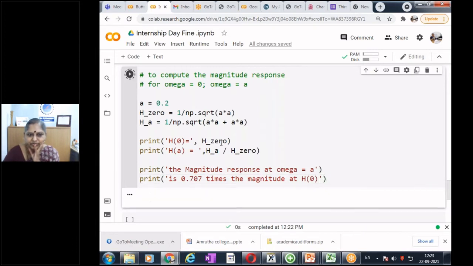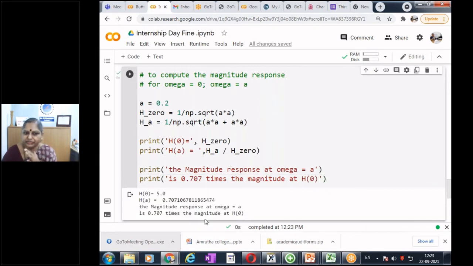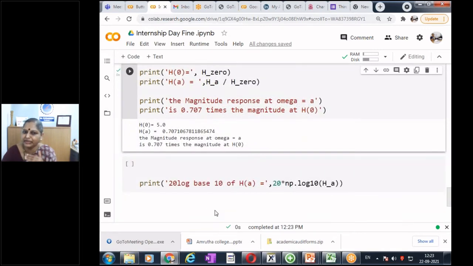So this is an important observation from this. So 0.707, similarly in dB, it is going to be minus 3 dB down.